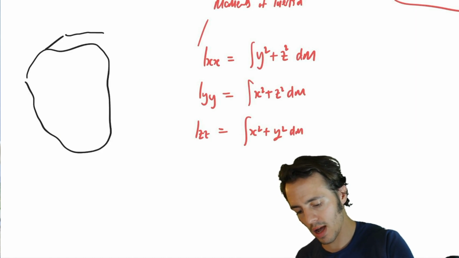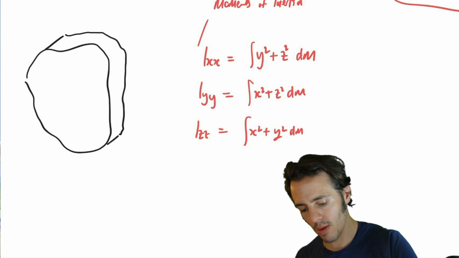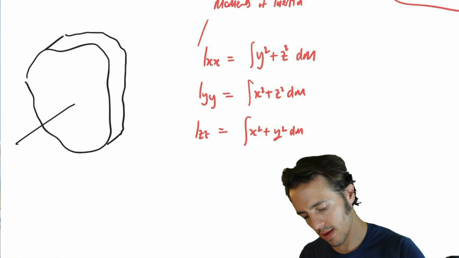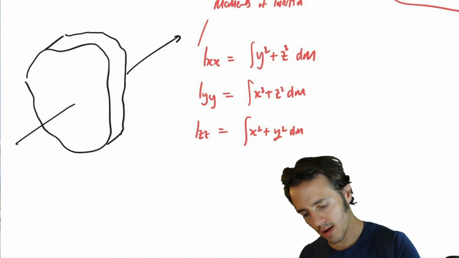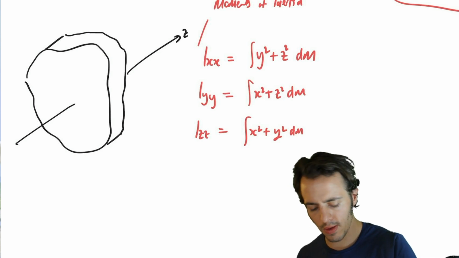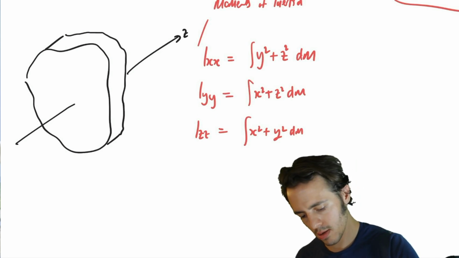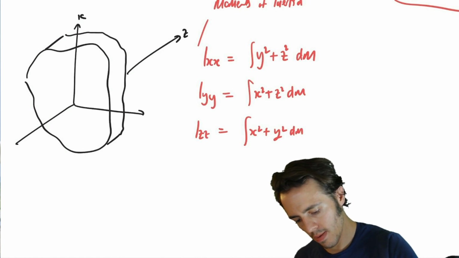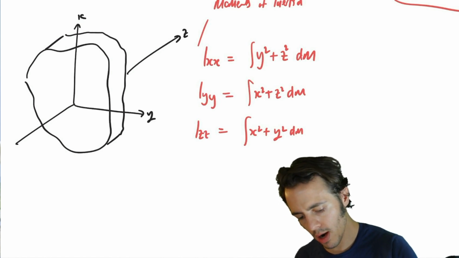So let's say we've got an object that is of some arbitrary shape and there's an axis going straight through it. So let's say this axis goes through here. If this is our z-axis, then this could be our x, and this could be our y-axis.